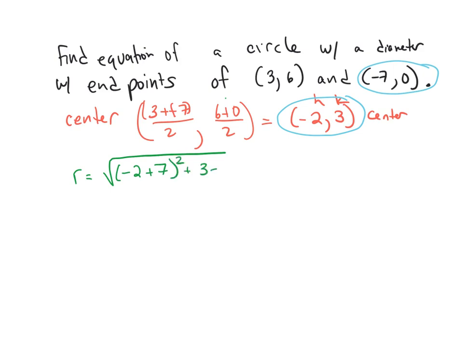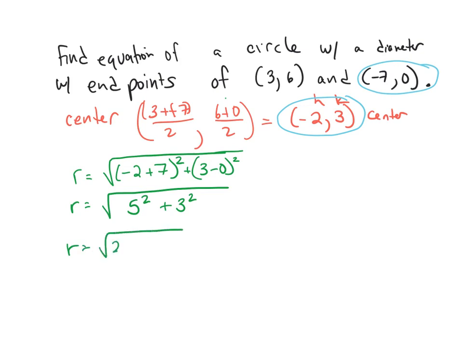And then 3 minus 0 squared. So negative 2 plus 7 is 5 squared, and 3 minus 0 is 3 squared. That's going to be 25 and 9, so the radius is the square root of 34.